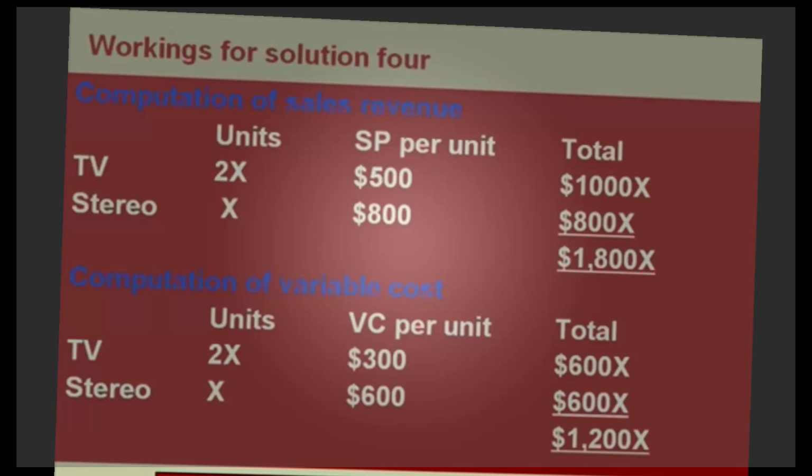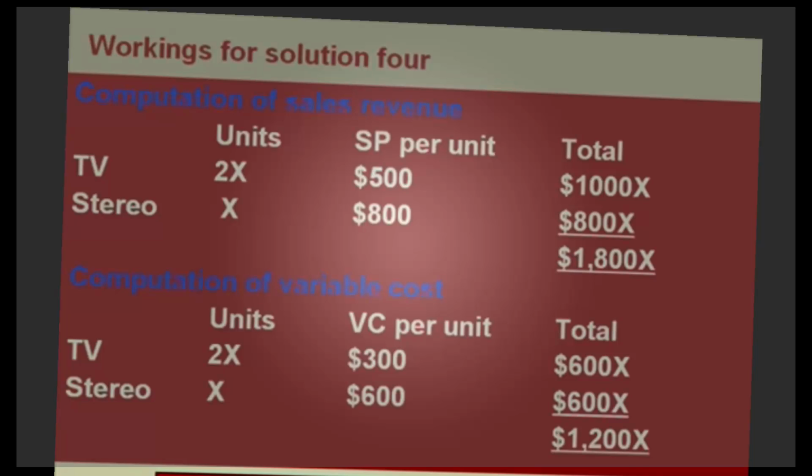If you compute variable cost, 2X for TV, 2X at 300, 600X. For stereo, X units at 600, 600X. So the variable cost is 1200X, and you stick that in the equation, and you got your answer.